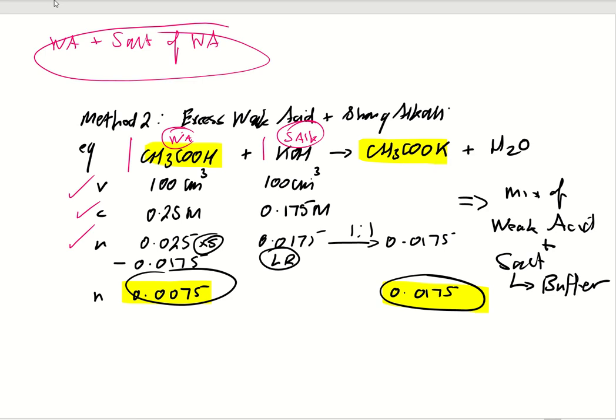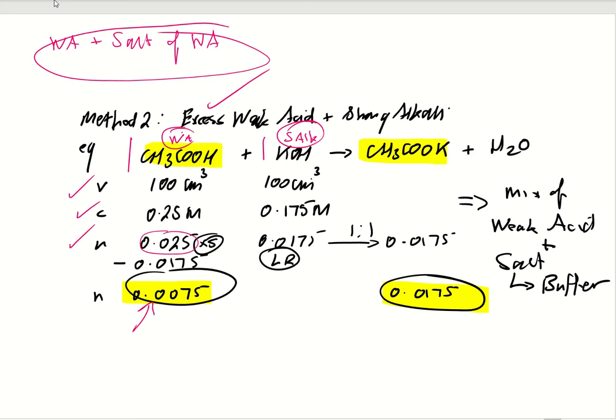So therefore, you have an excess of the weak acid, as we said in the definition for this type of buffer. You have an excess of 0.025 minus 0.0175, because they're reacting in a 1-to-1 ratio. So the number of excess moles of the weak acid is 0.0075 moles of that.